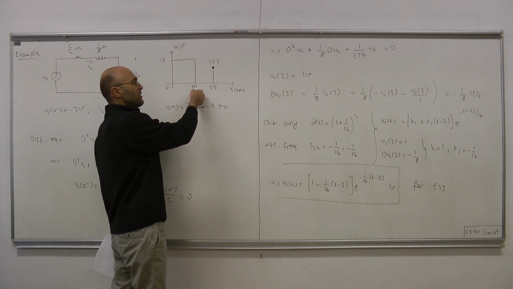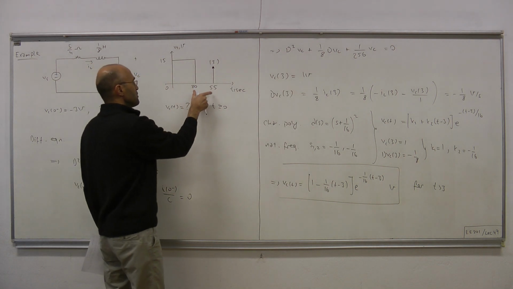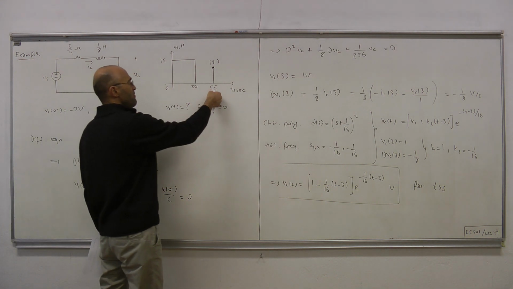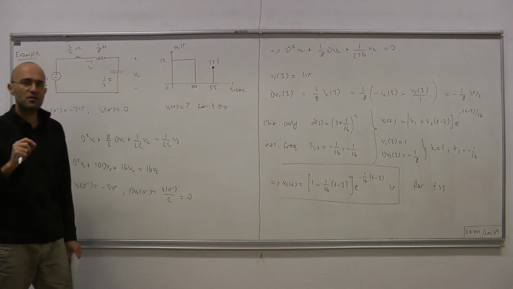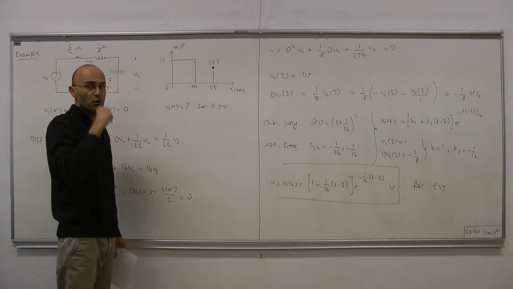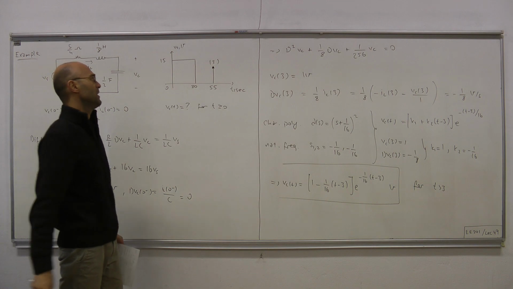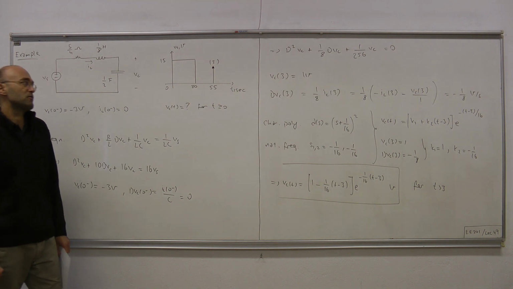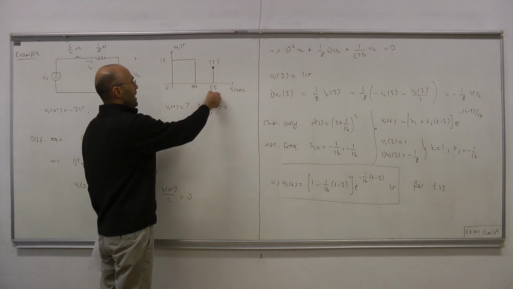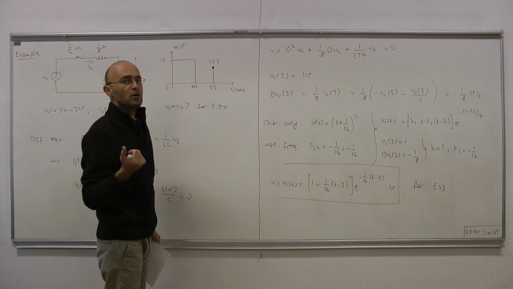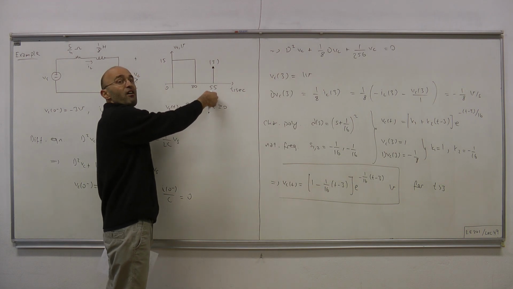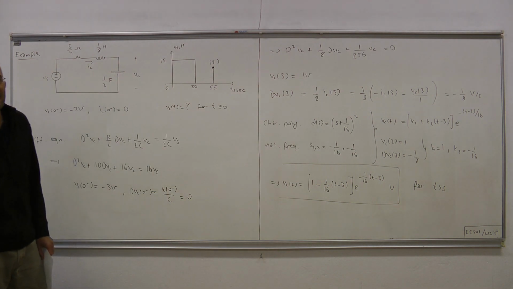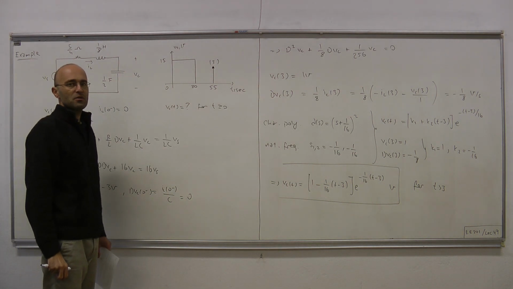Figure out initial conditions at 30 and make the analysis from 30 to 55 minus. Then at 55, the impulse affects the circuit, which would mean certain jumps in the capacitor voltage or the dynamic component variables. You figure out those jumps, which gives your new initial conditions for t equals 55 plus, and from 55 plus to infinity, you make the last piece of your analysis. So that's one way.